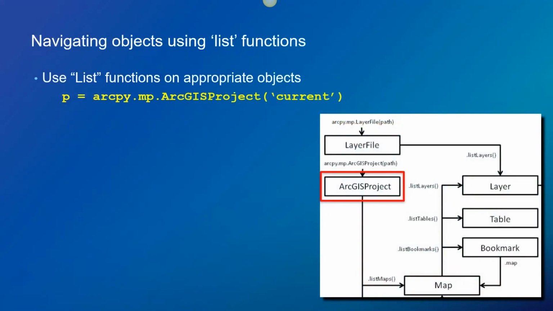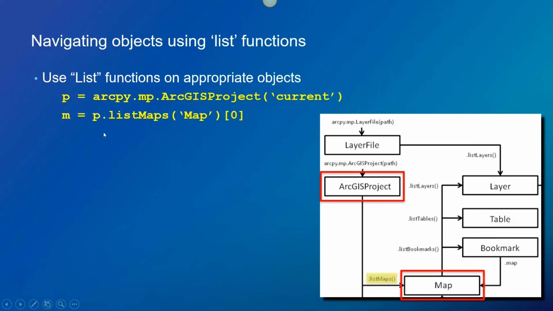Another important component to understanding the ArcPy MP design is that we have a lot of list functions, and those list functions allow us to get to objects from other objects. So here's an example of where I'm looking at the current ArcGIS project, and perhaps I want to get to a map located in that project, because a project can have 0 or many maps.